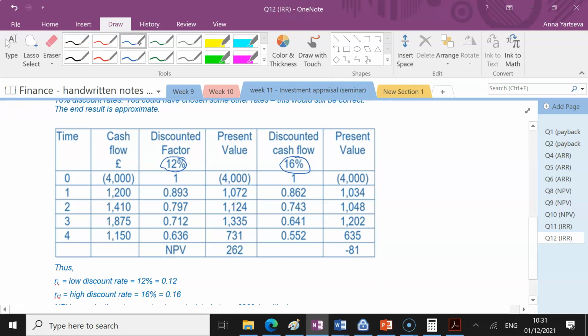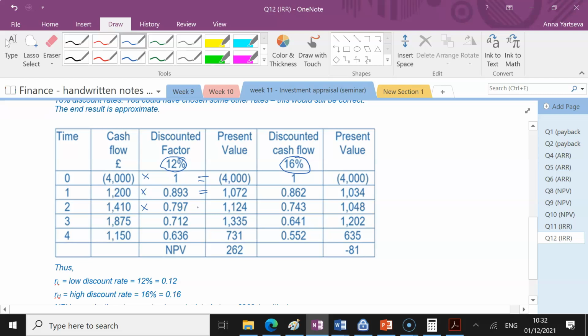Then we apply this discount factor to relevant cash flows. For example, cash flow of 4,000 times the discount factor is 4,000 with the negative sign, because the first original outlay happening in period 0 is not discounted. Next, cash flow 1,200, applied relevant discount factor, its present value is going to be 1,072.